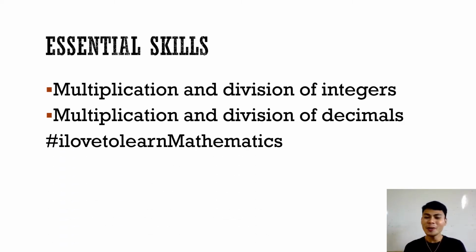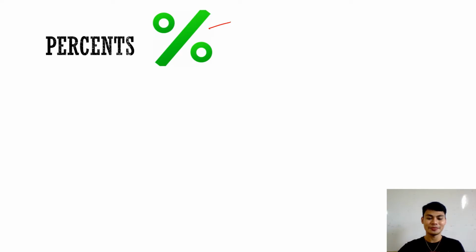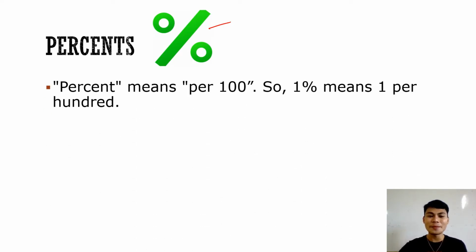Before we really start with the discussion of percentage, base, and rate, we should review first percents. This is the symbol for percents, the big green one. Percent means per 100. So 1% means 1 per 100.